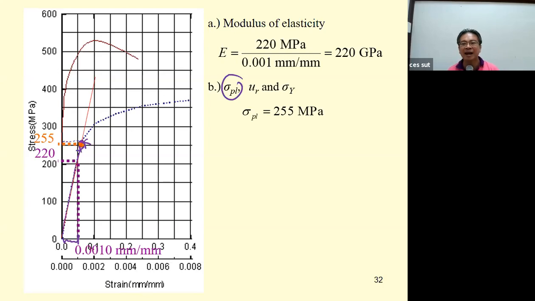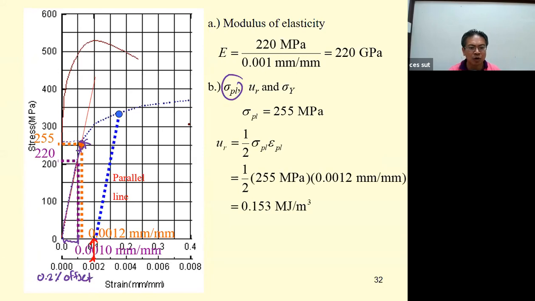Okay. And then for the sigma sub YS, you have to use the 0.2% offset because this material has no yielding stress. So you come to 0.002. By 0.002, that means you cut at this point. Then you draw the line that's parallel to the first portion of linear elastic, cutting this point.